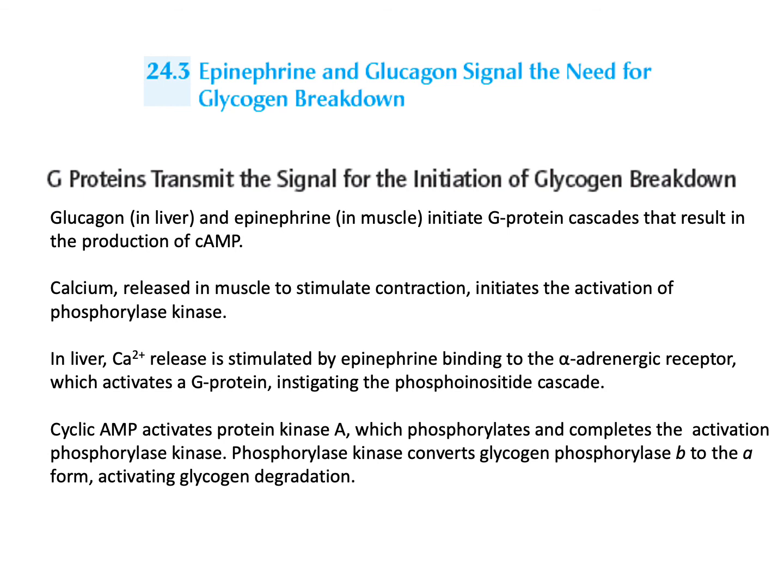In liver, calcium release is stimulated by epinephrine binding to the alpha adrenergic receptor, which activates a G protein, instigating the phosphoinositide cascade. Cyclic AMP activates protein kinase A, which phosphorylates and completes the activation of phosphorylase kinase. Phosphorylase kinase converts glycogen phosphorylase B to the A form, activating glycogen degradation.